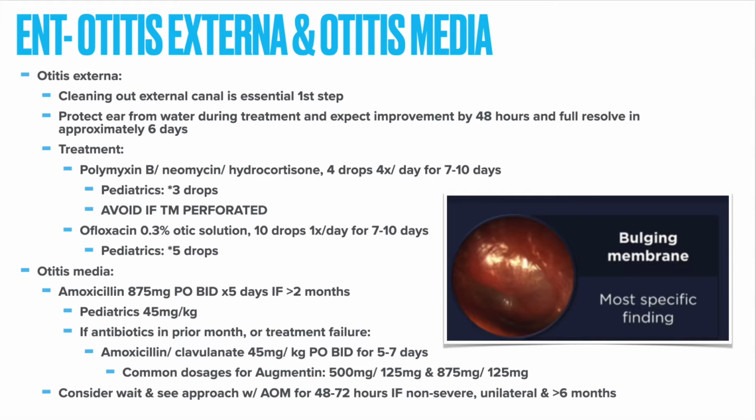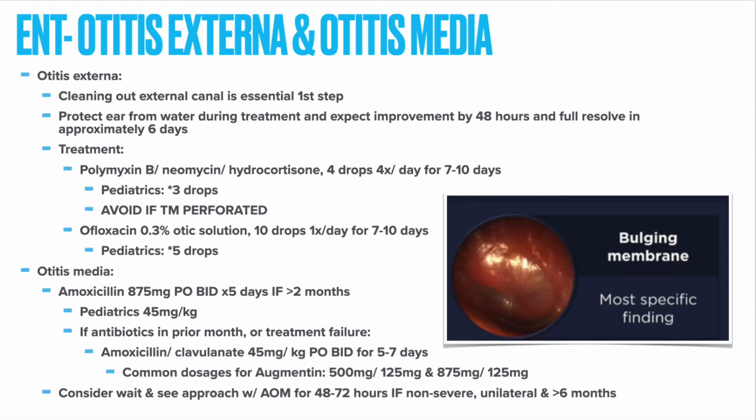And then also there's acute otitis media, which is an infection that occurs behind the eardrum, and this also requires antibiotics. This is treated with oral antibiotics as opposed to the otitis externa, which is treated with antibiotic ear drops. So with otitis media, you can consider a wait-and-see approach for up to 48 to 72 hours with specific patient populations.